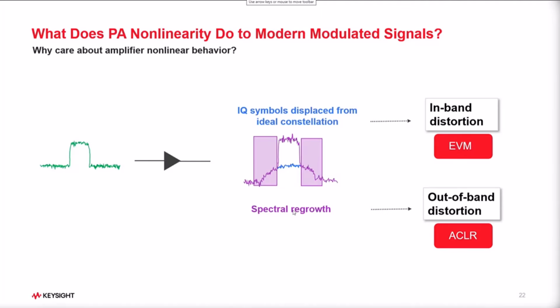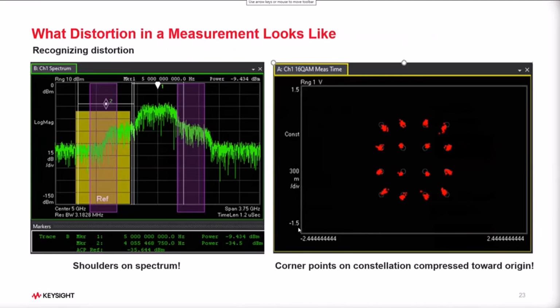And then you have spectral regrowth, which depicts out-of-band distortion, and that's what people refer to as ACLR or ACPR, adjacent channel leakage ratio or adjacent channel power ratio. These two become very important metrics, and you will find them in 4G, 5G, WLAN, every modulation standard has these specifications.